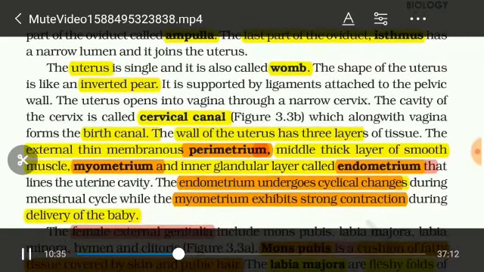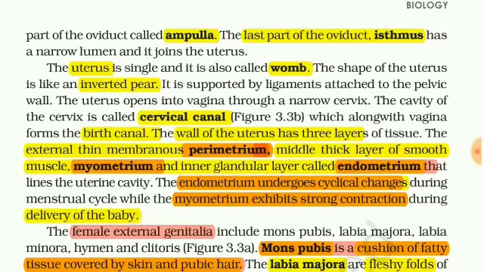So the three layers in the uterus are endometrium, myometrium, and perimetrium. The perimetrium is the external layer, the myometrium is the middle layer, and the endometrium is the inner layer of the uterus.